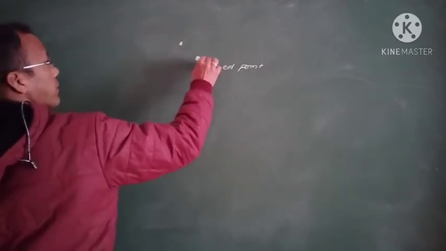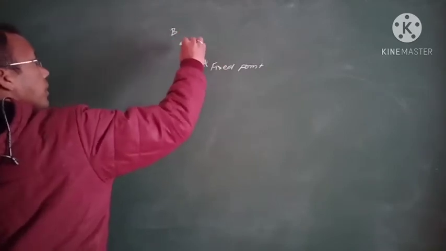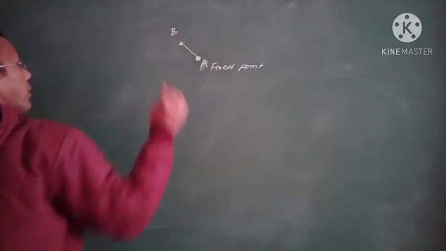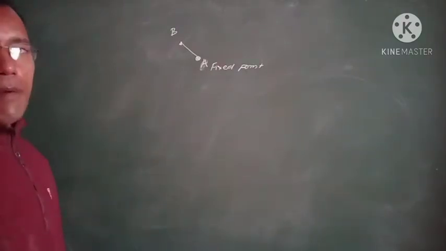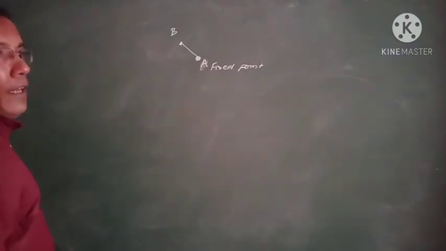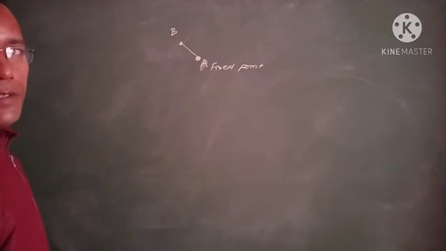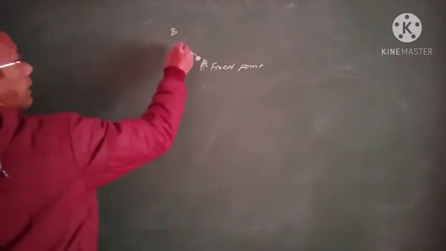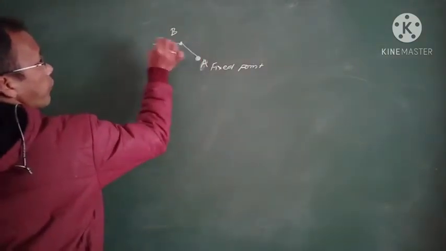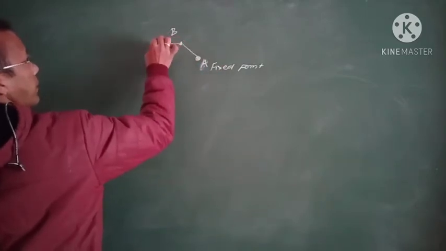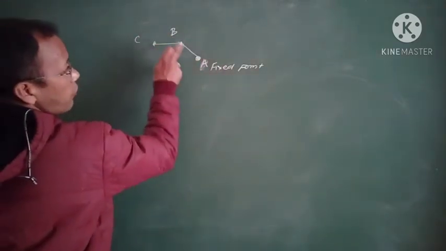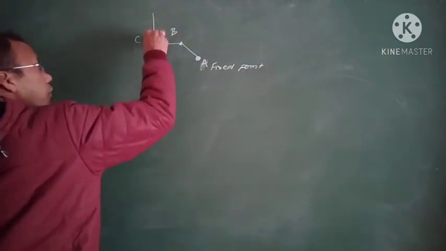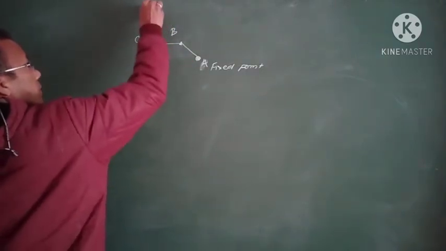I'm just writing this is A and this is B. So the distance of B from the fixed point is AB, and this point has a distance from a line, this is point C. The distance BC is equal to BA, and I draw a line.